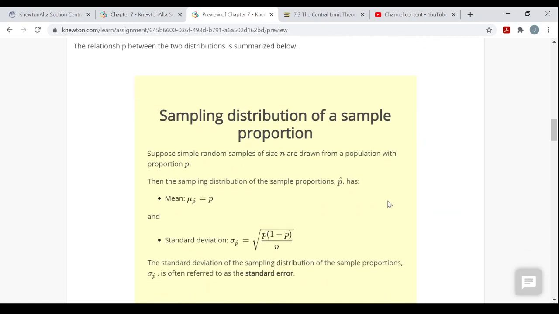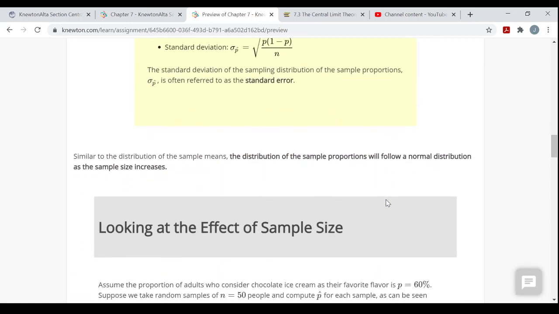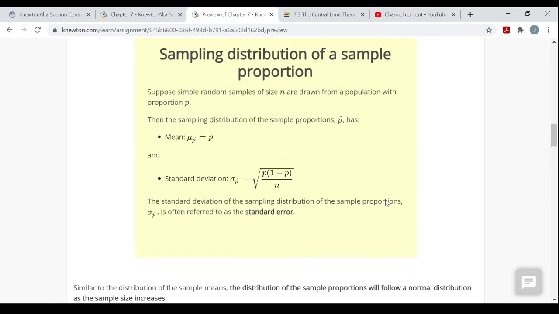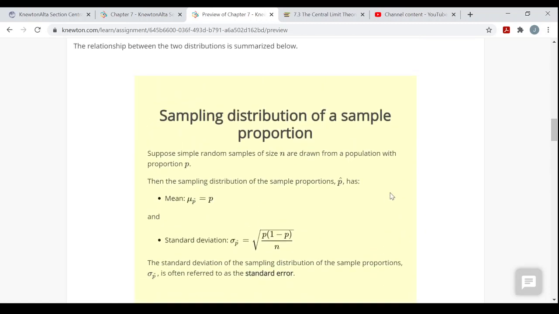All right. They give me an example down there, but let me do an example of my own, where we take a look at the distribution of sample proportions on a piece of paper.